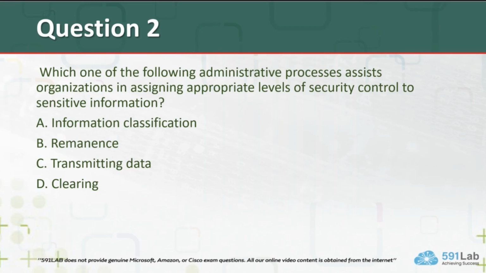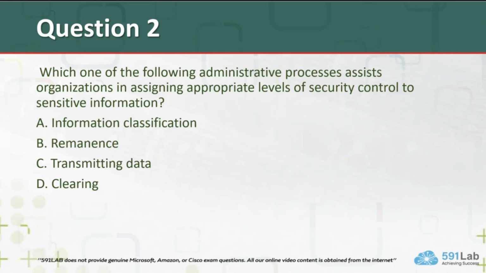So let me explain the answers first. Clearing is when you try to delete the data. Transmitting data is in transfer, being sent from one place to another, from source to destination. Remnants is when you delete the data, but some data can still remain available. So this is called data remnants.